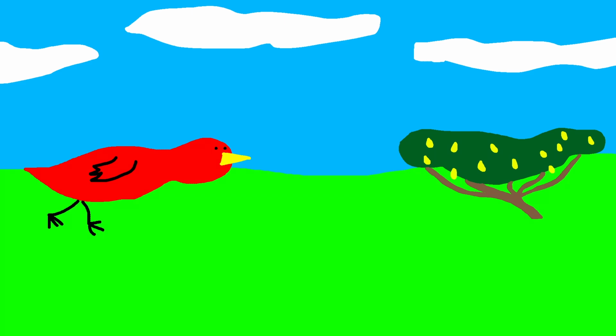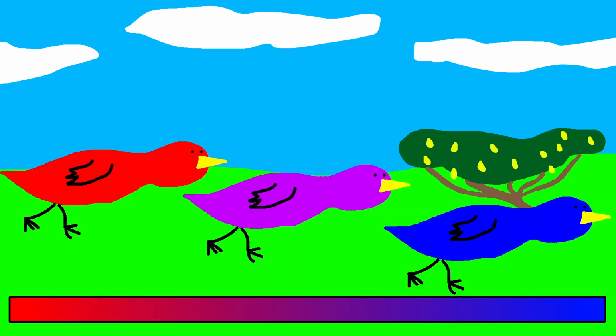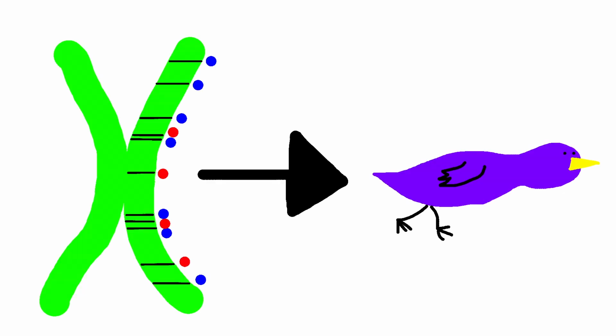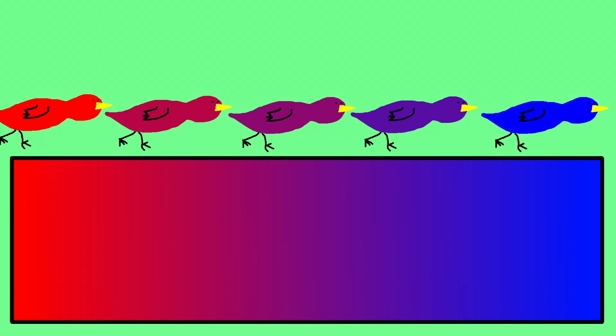For example, imagine a bird whose feather color is placed along a spectrum from red to blue. Instead of one gene for color, simply picking red or blue like you might expect, there are many loci. At each one, different alleles make the bird slightly redder or slightly bluer, each following their own Punnett square. The sum across all the loci yields a continuous range of colors from red to blue.